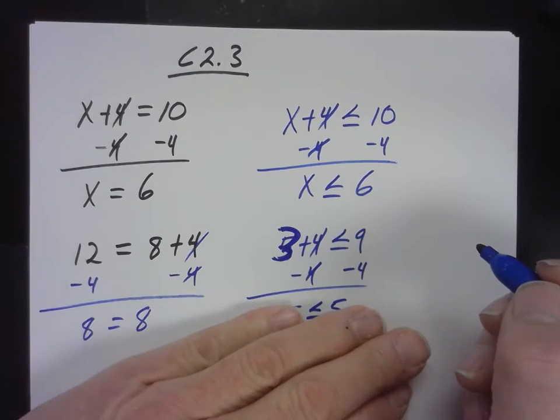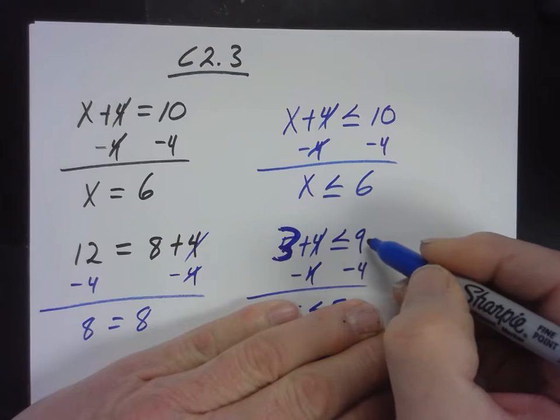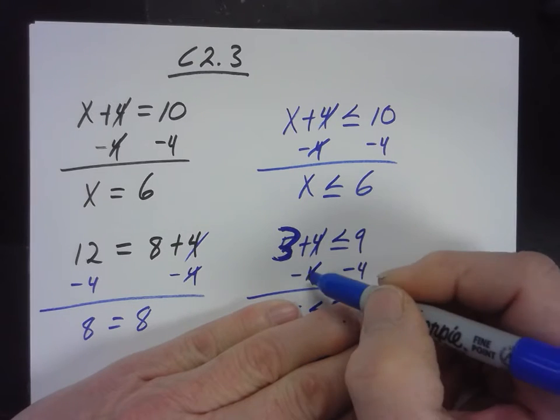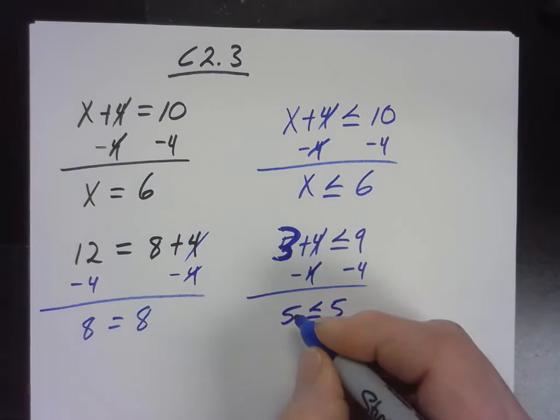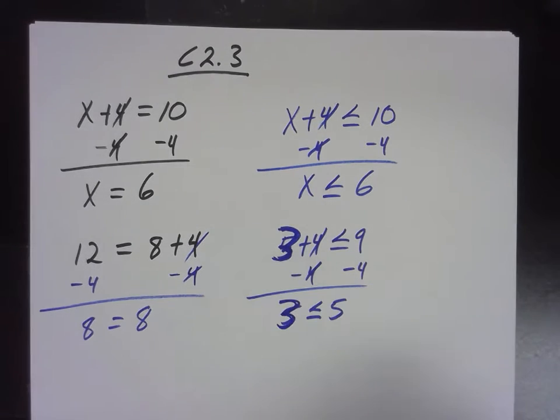Is 3 plus 4 less than or equal to 9? No. If I subtract 4 from both sides, would 3 still be less than or equal to 5? Yes. Still true, okay? And if I add the same amount, like if I add 2 to both sides, it's still going to be true, isn't it?